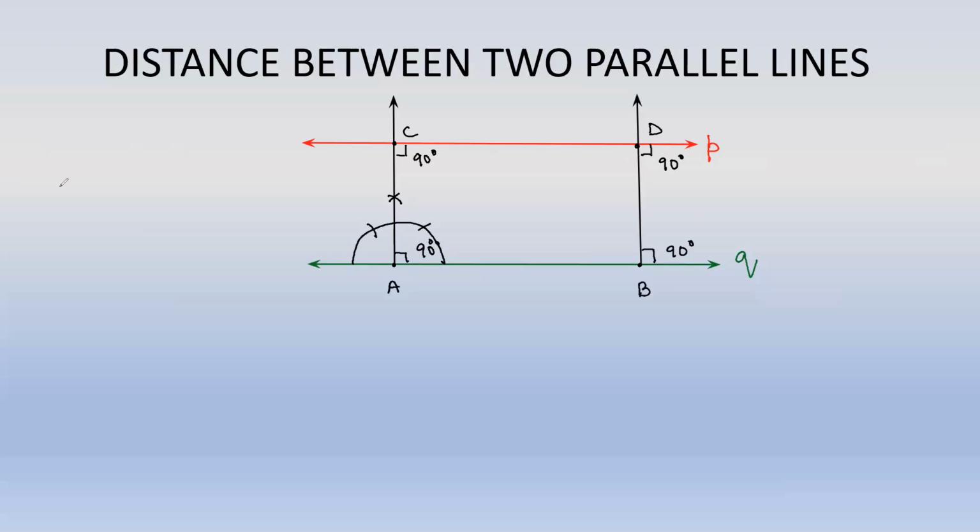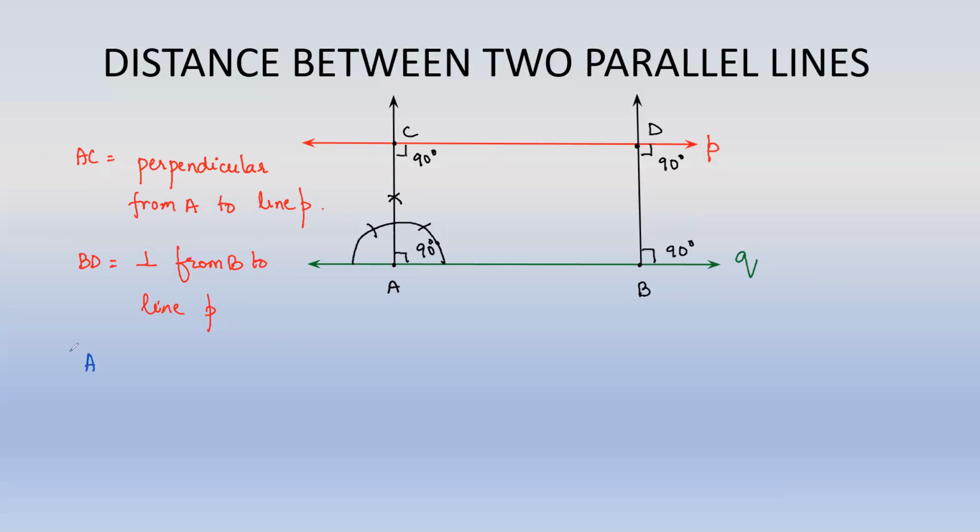Now here, let us write down that AC is a perpendicular from A to line P. Similarly, BD is a perpendicular from B to line P. Also, these distances AC and BD are both called perpendicular distances.